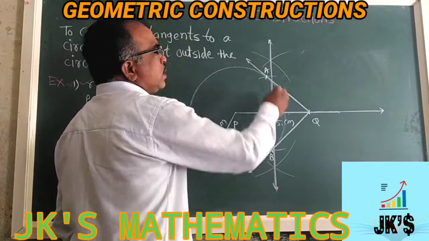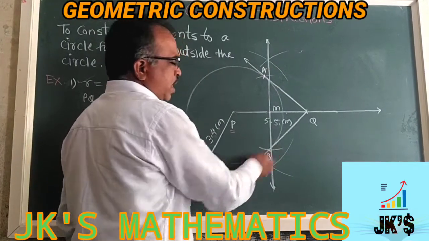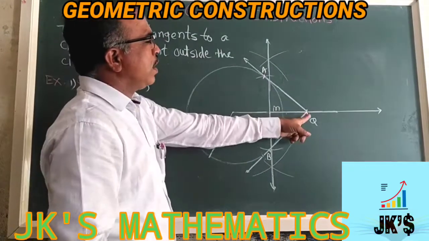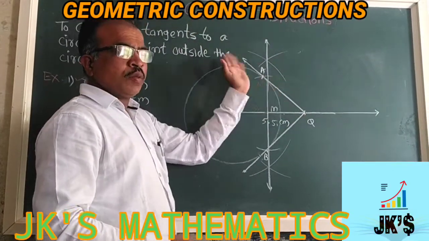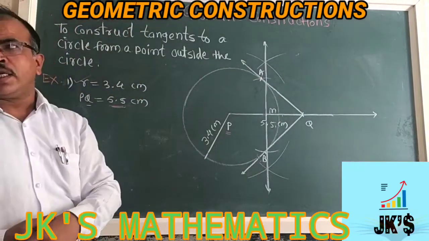These arcs intersect the circle at the points A and B. Draw the line passing through A and Q, that is the first tangent, and QB, that is the second tangent.